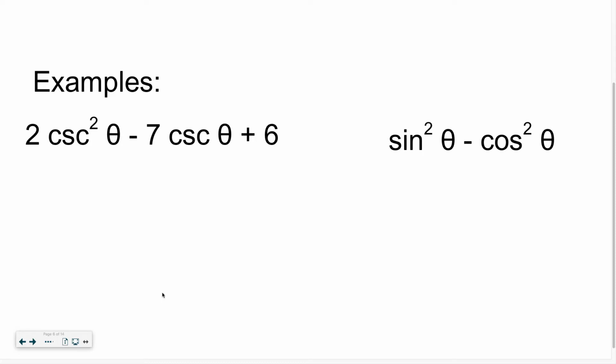It doesn't matter what the variable is. And then a different problem to try, sine squared theta minus cosine squared theta. So I'm going to give you some time right now. Can you factor either expression? What do you think?